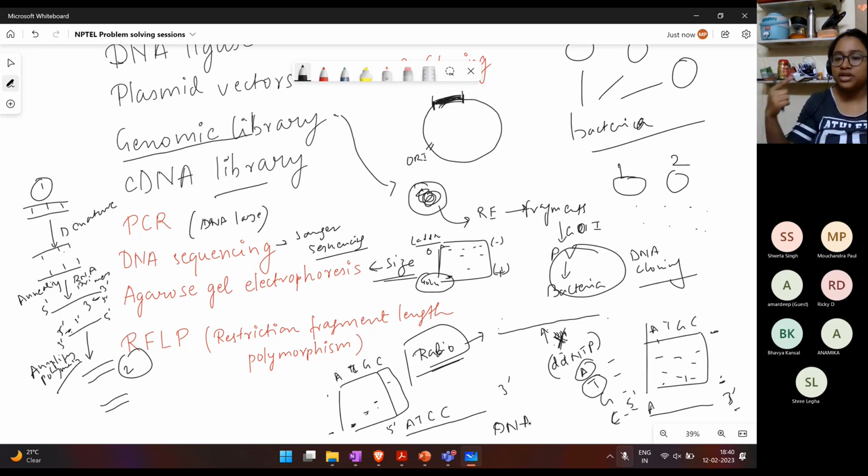You write its complement, A then T, and G then C, but for mRNA, T is replaced with U. Then you match it against the mRNA sequence, which is available in the literature or from a previously made library. Then you can say yes, this is complementary to the mRNA sequence, so this is your cDNA.